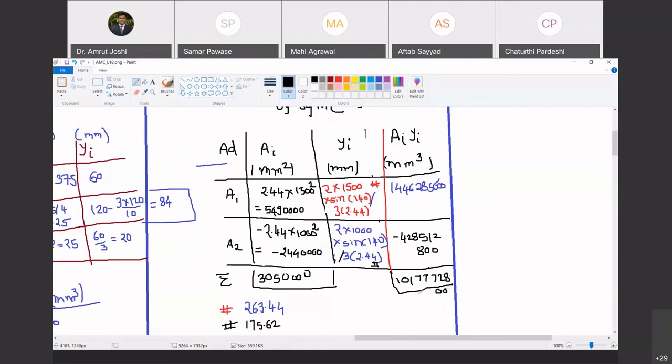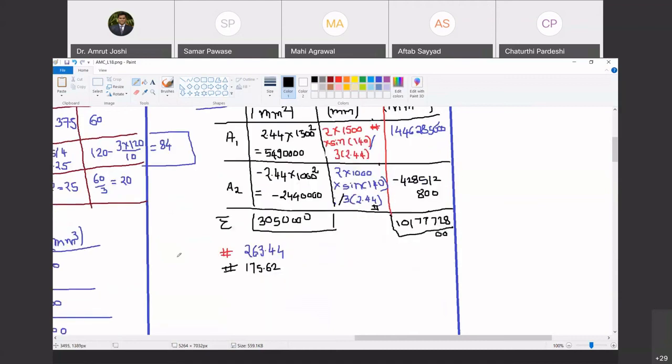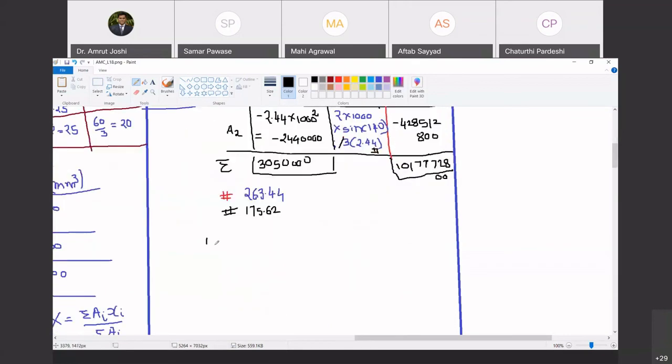Do you agree with me? Yes, sir. Chalo. So now tell me what is Y bar, capital Y, that is location of Y coordinate of centroid. 333.69 mm. Chalo.